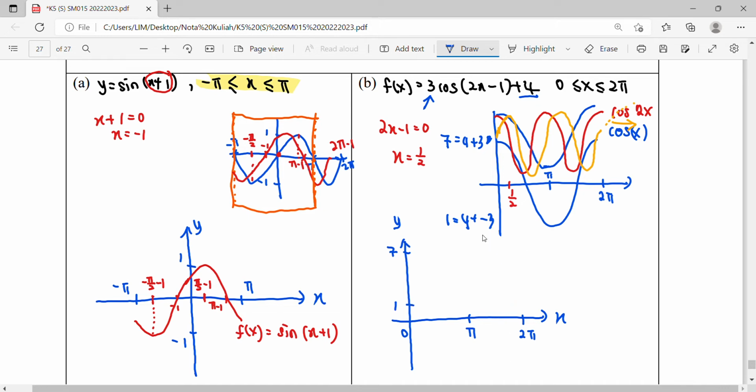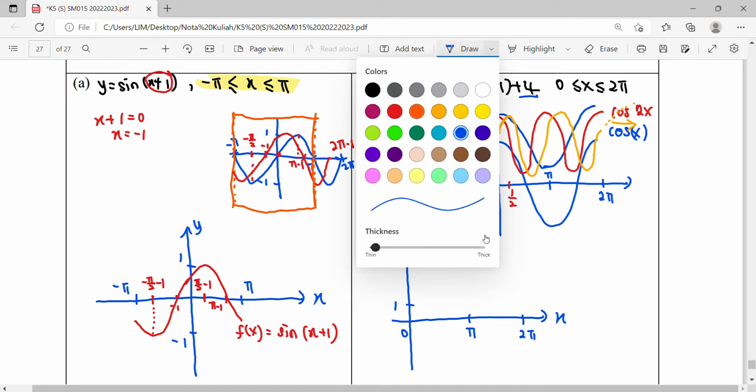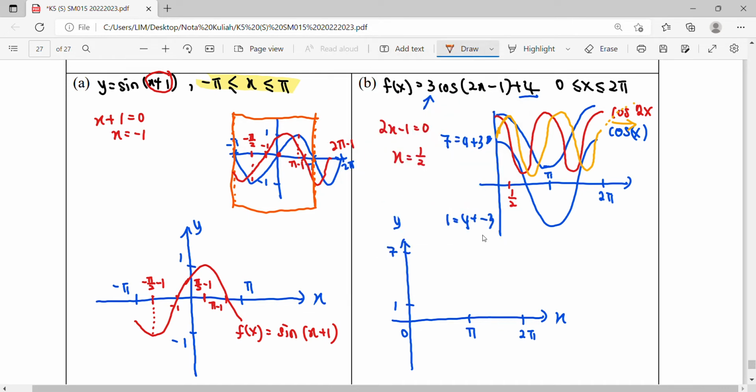Then I can start drawing the graph. Start from 1 over 2. So I draw back the original pattern first. So start from 1 over 2. So I know that when I shift, I will end at pi plus 1 over 2.